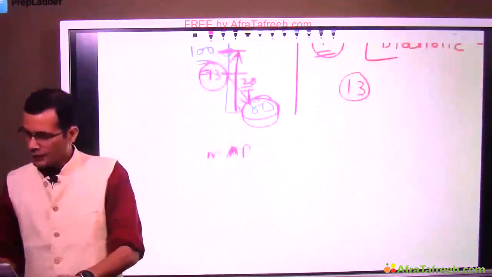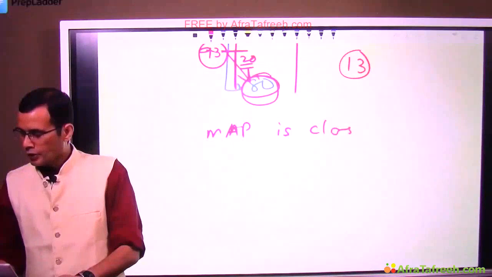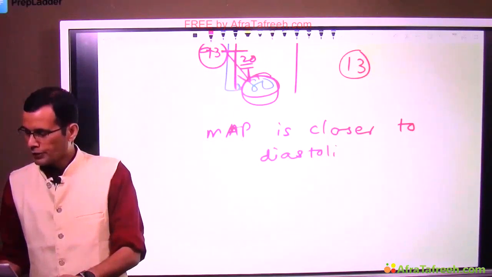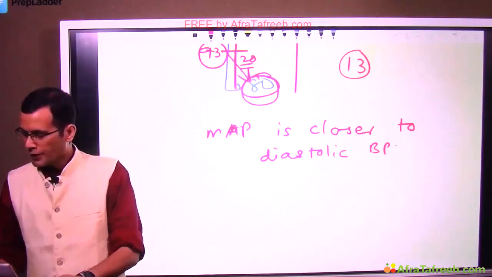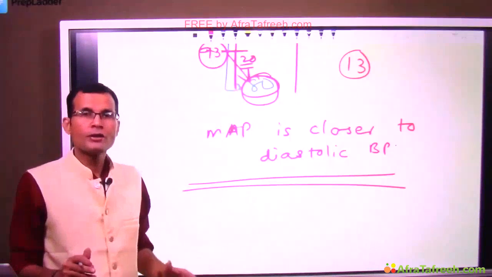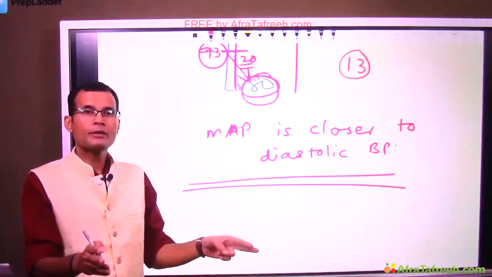Let me write it. Mean arterial pressure is closer to the diastolic blood pressure. The average pressure in the circulation is slightly closer to the diastolic blood pressure, because that's the most important statement.